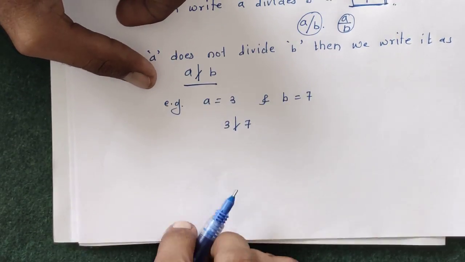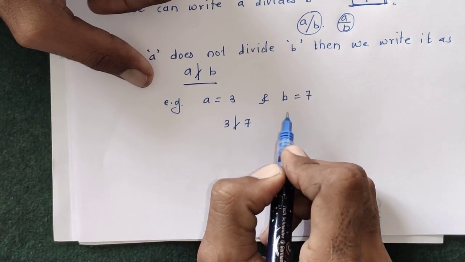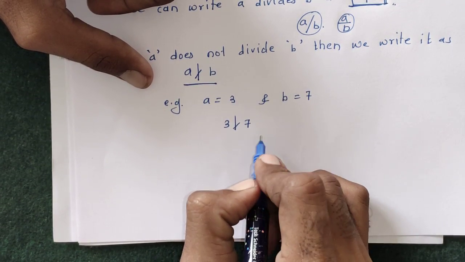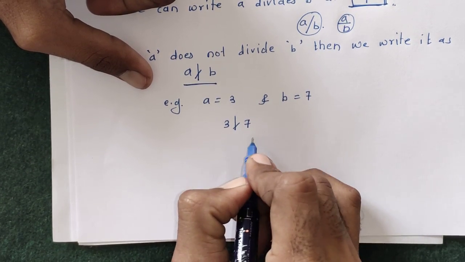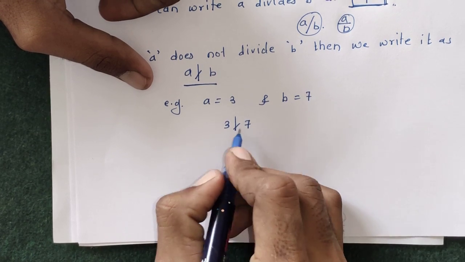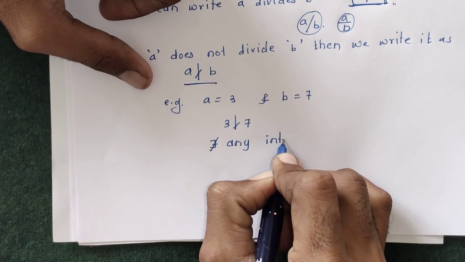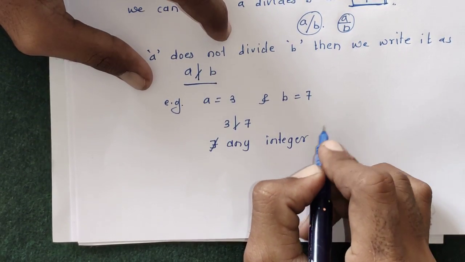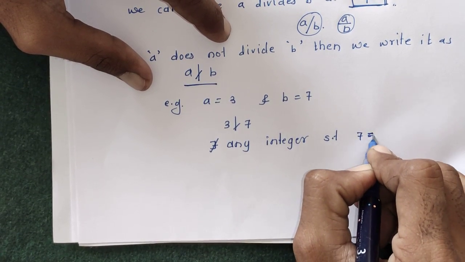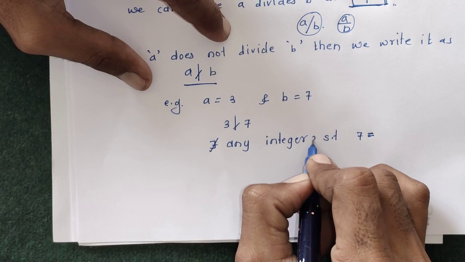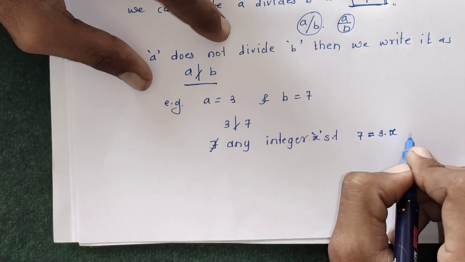If you calculate 7 divided by 3 on a calculator, you will get some answer like 2.333, but that is not an integer. So there does not exist any integer x such that 7 can be written in the form of 3 into x.